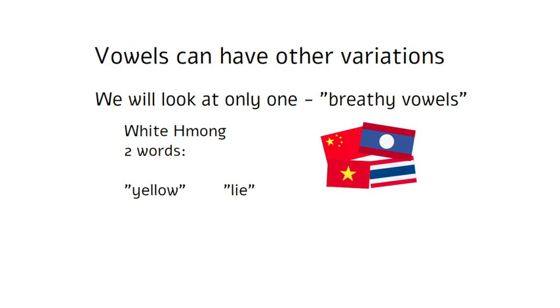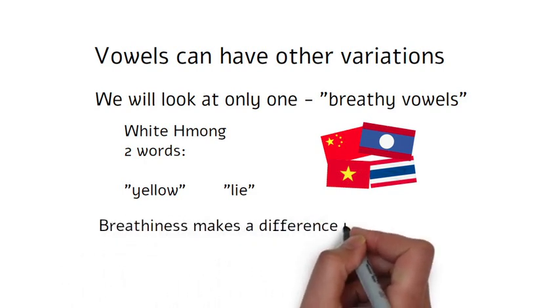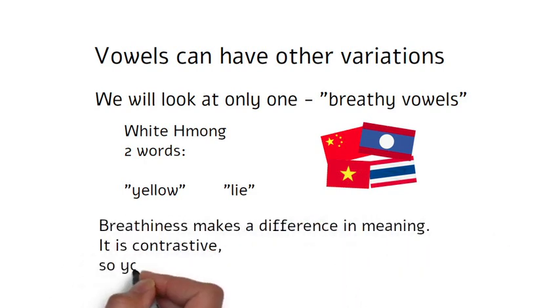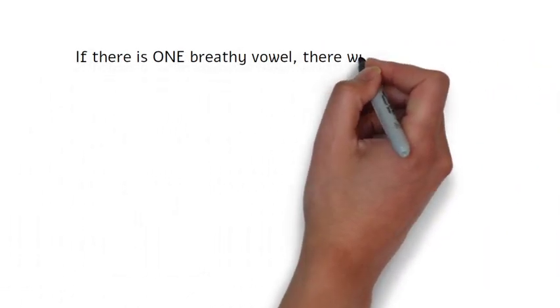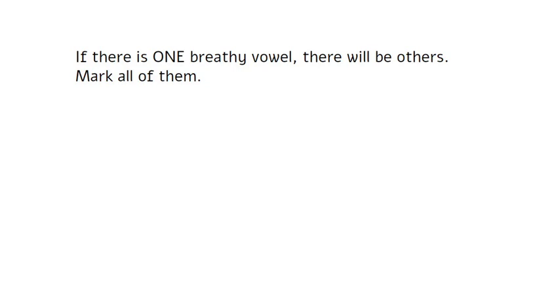Do you hear the difference in the vowels? Since this breathiness makes a difference in meaning, it is contrastive, so you need to write them differently. And of course, if there is one contrastive breathy vowel in a language, there will be others, and you need to mark all of them.